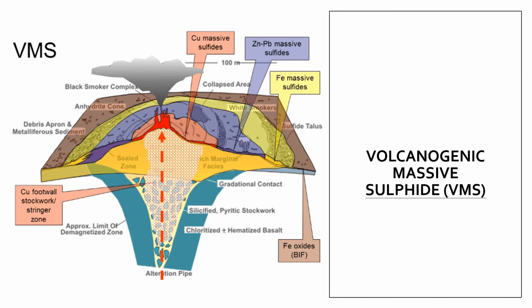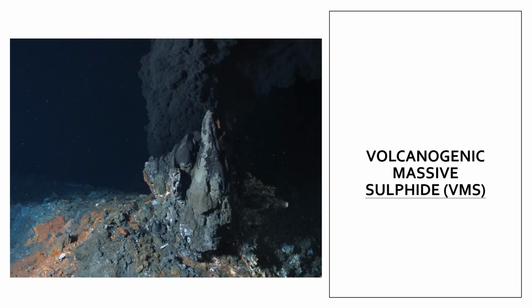And then further inside, you have your zinc lead massive sulfides. And then closer to the vent, you have your copper massive sulfides. And then below is your copper footwall.